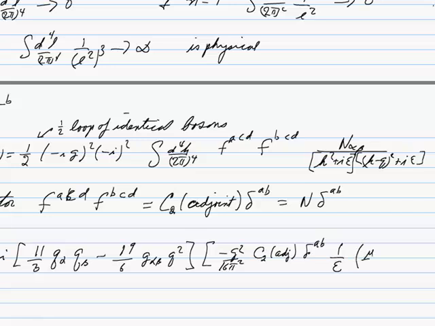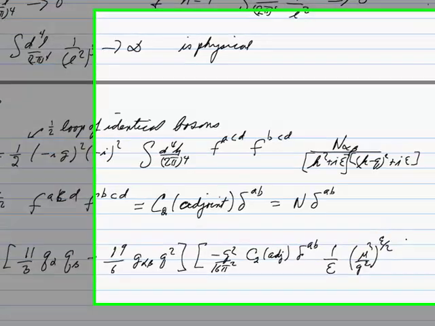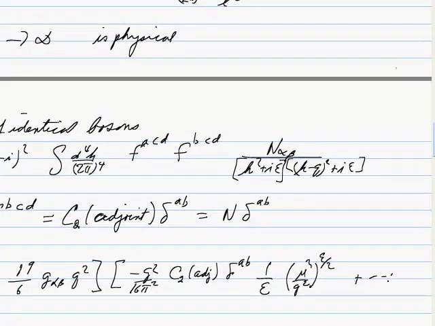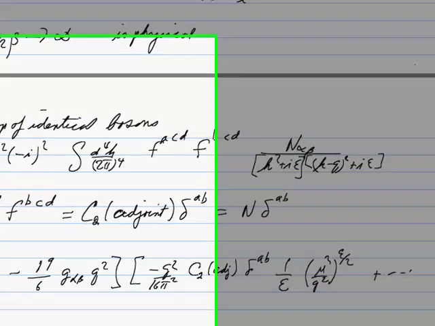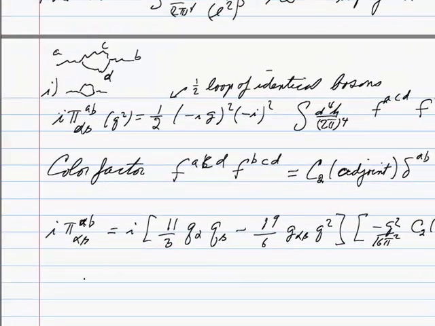And of course, mu squared over q squared to the epsilon over 2. One of the things that you notice there is that this is not gauge invariant.